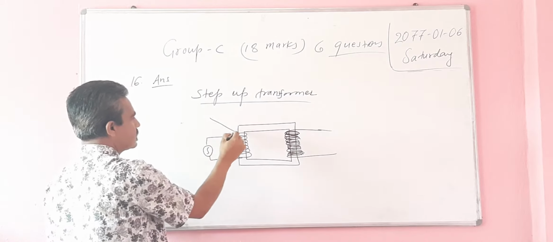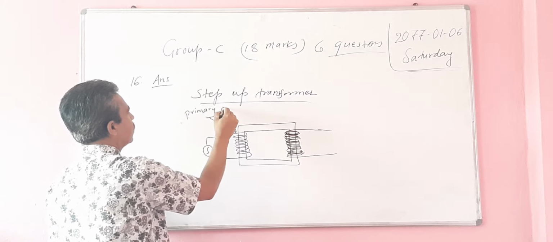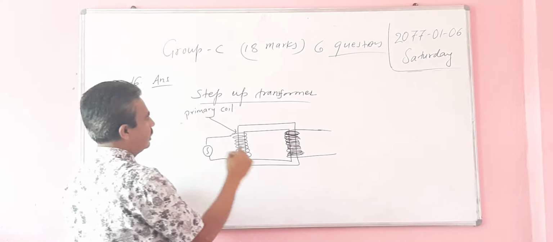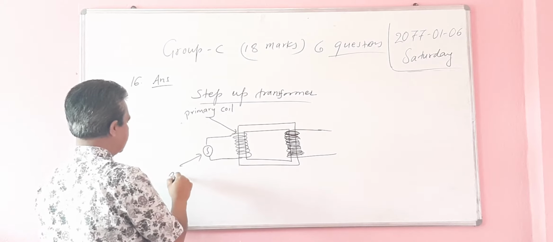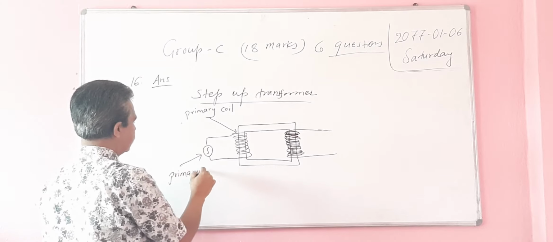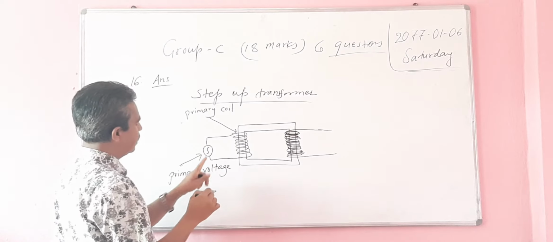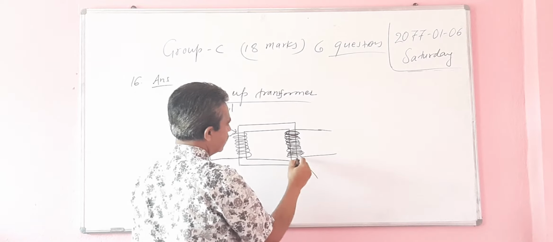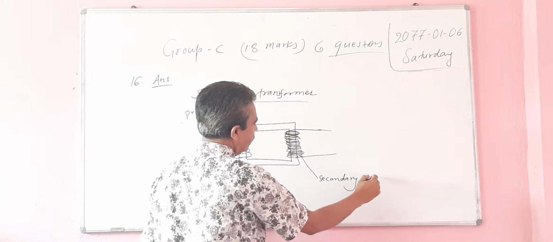Okay, this is the primary coil, this is the primary voltage, and you can show the secondary coil here.